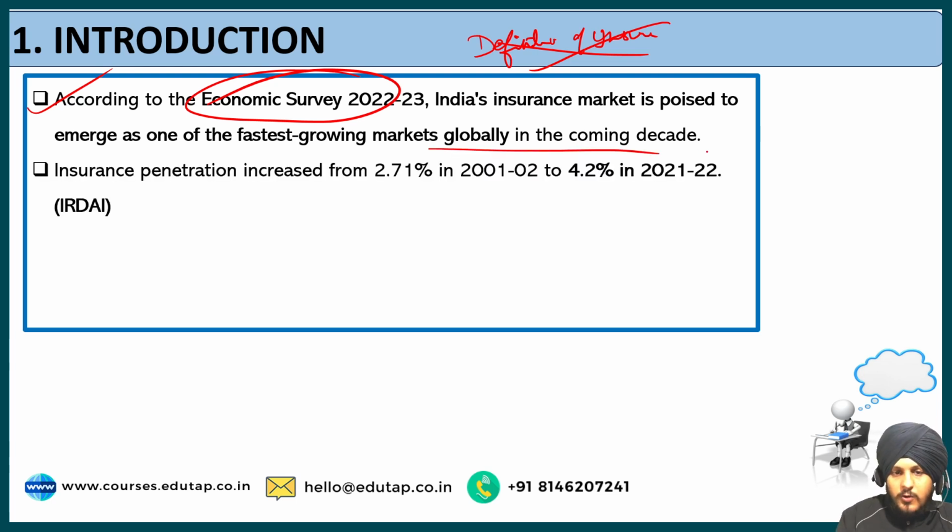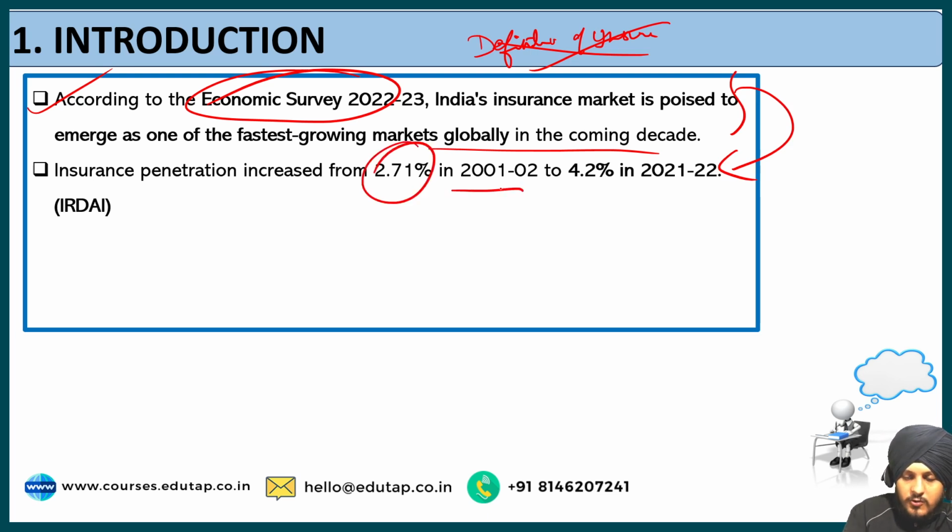Now next, you can substantiate it with the help of data: insurance penetration in India has increased from 2.7% in 2001 to 4.2% in 2021-22. So we are showing that insurance penetration is increasing, and that's why India's insurance market is emerging to be one of the fastest growing markets globally in the coming decade.